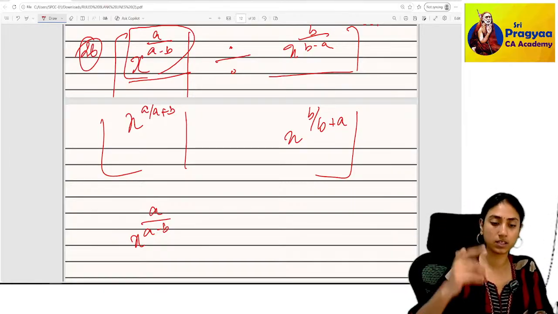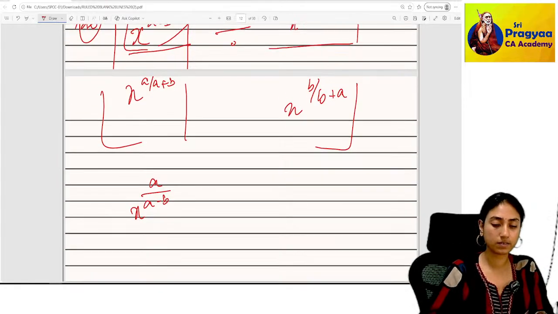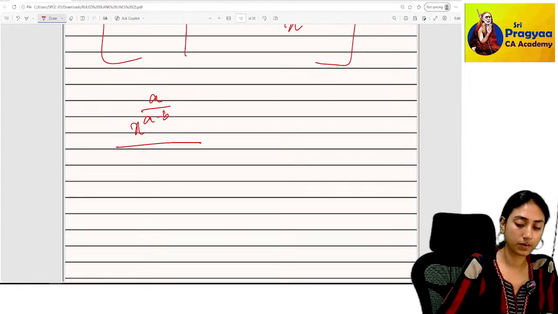Numerator and denominator put together. Okay, what will I get? I have this.